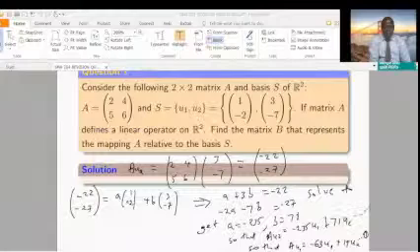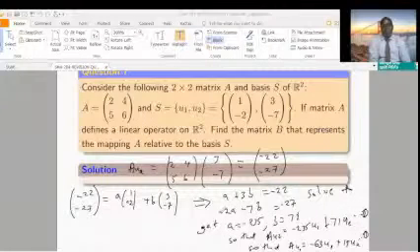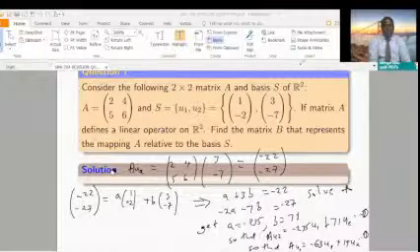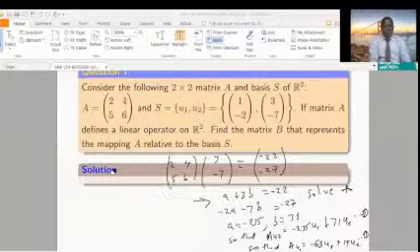And this is our equation 2. So what is left is just to write matrix B, because you already have equation 1 and equation 2.